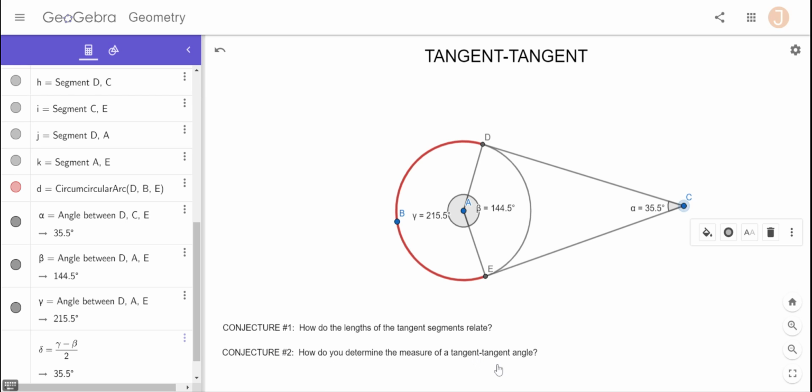So to answer conjecture number 2, how do you determine the measure of a tangent angle? We would say that the measure of a tangent angle is half the difference of the two intercepted arcs.